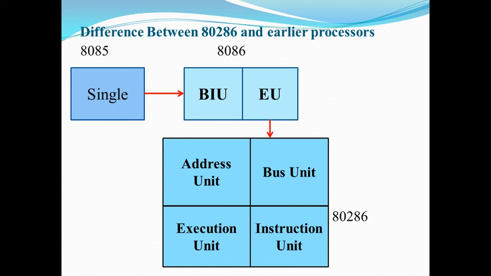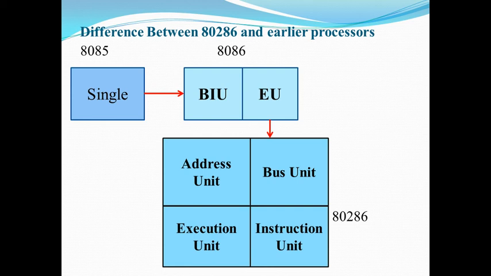Before 80286 there is one more processor, 80186, which is exactly the same as 8086 but with a few features added. But for the study, 80286 was given just because it had a major change, called the address unit or memory management unit.